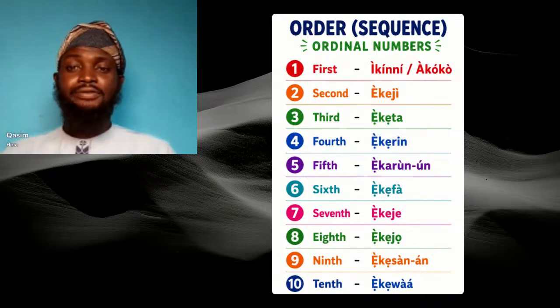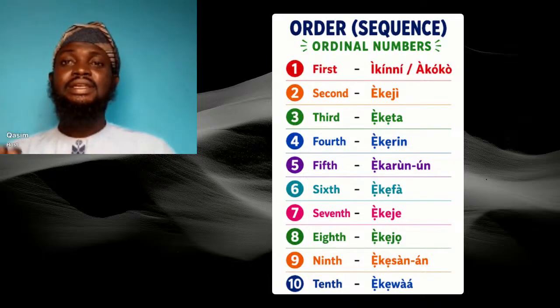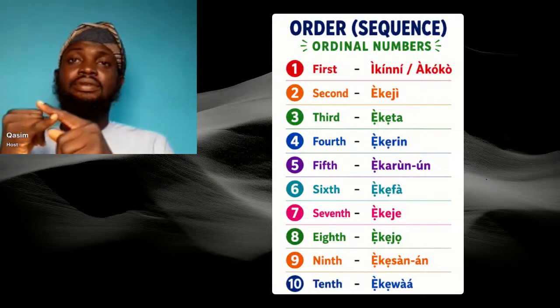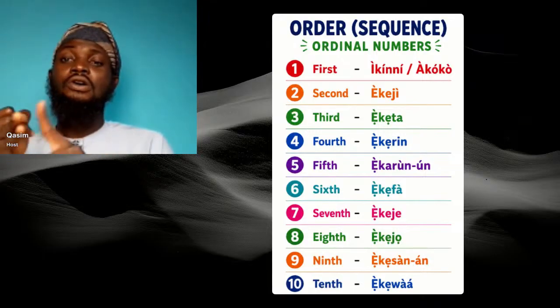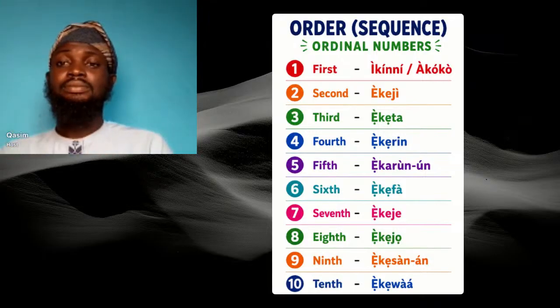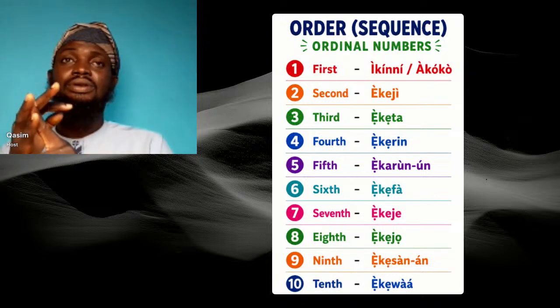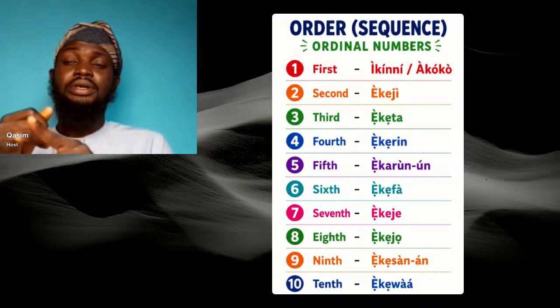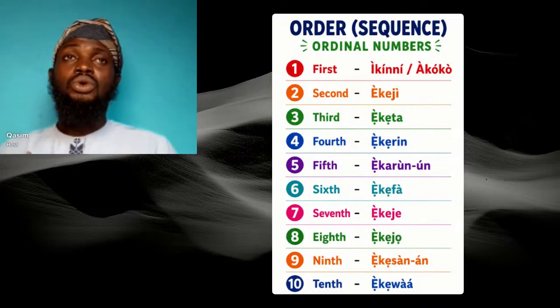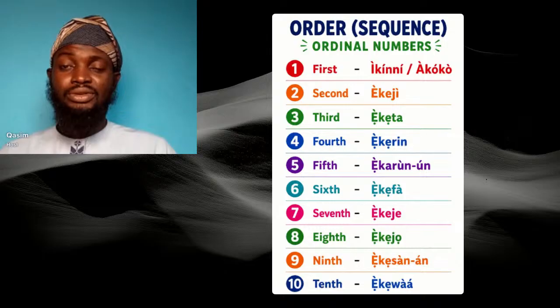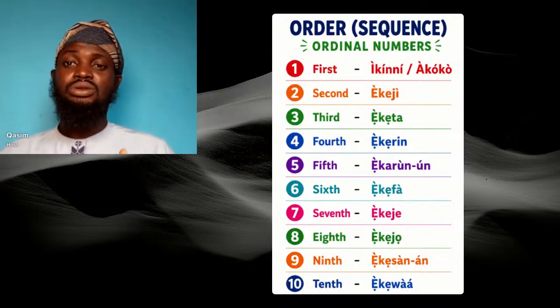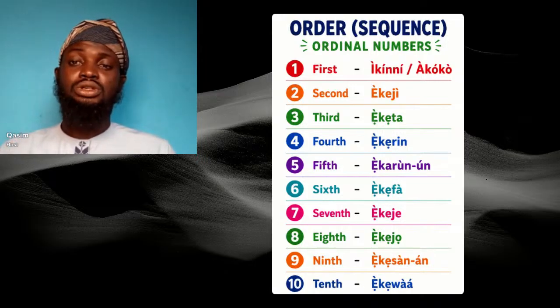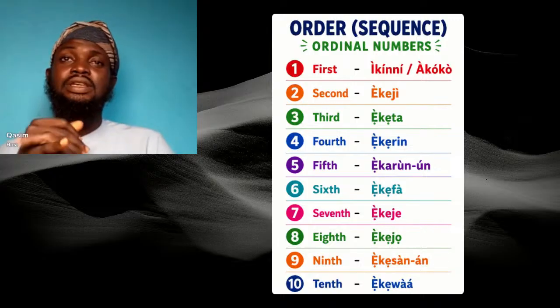In Yoruba, first is ìkíní or àkọ́kọ́. So it's either we say ipò kíní, the person that comes first. Ó ṣe ipò kíní is, he is in the first position. So first is ìkíní.